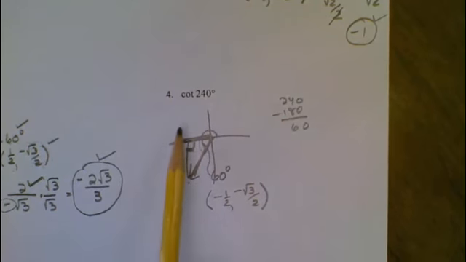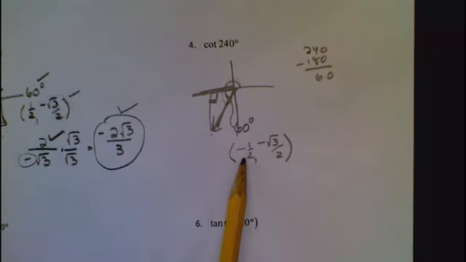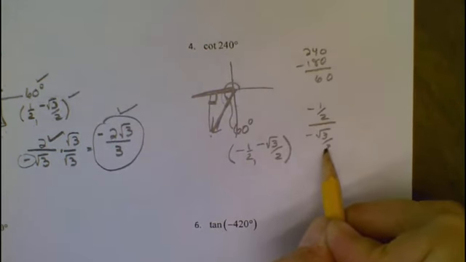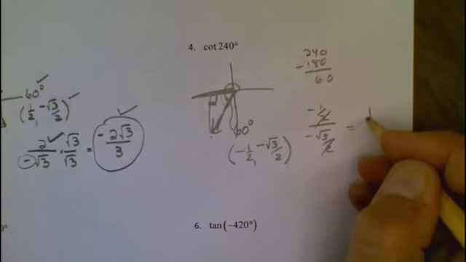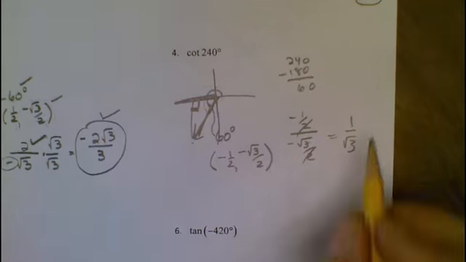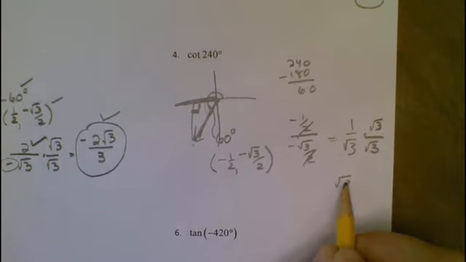I want the cotangent. Cotangent's the reciprocal of the tangent. So instead of y over x, I'm going to take x over y. So I'm going to take the x value over the y value. The 2's cancel out. I have a negative over a negative, which is a positive. I have to rationalize my denominator. Square root of 3 over 3.